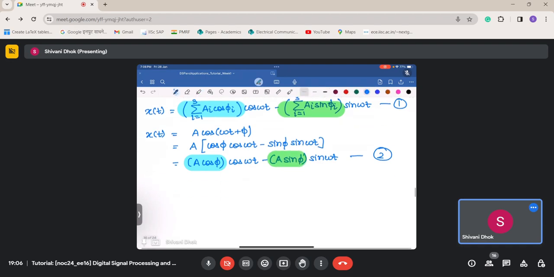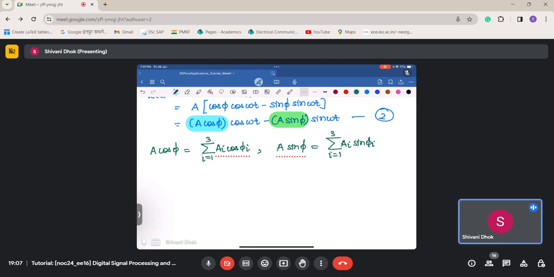So A cos phi is equal to summation i equal to 1 to 3 of Ai cos phi i, and A sin phi is equal to summation i equal to 1 to 3 of Ai sin phi i.